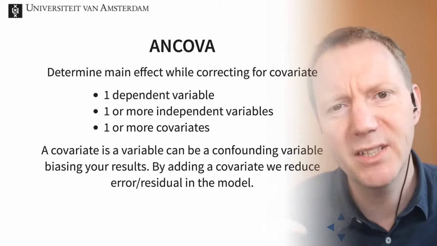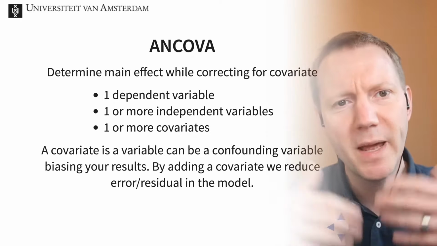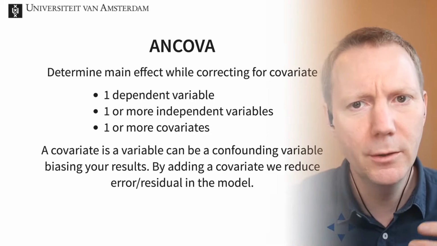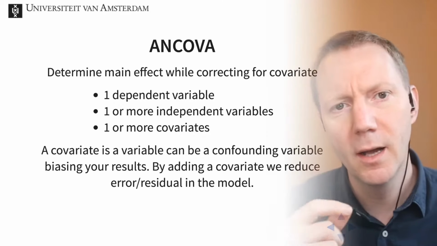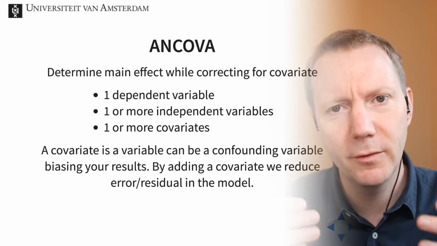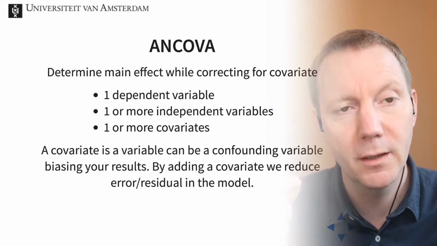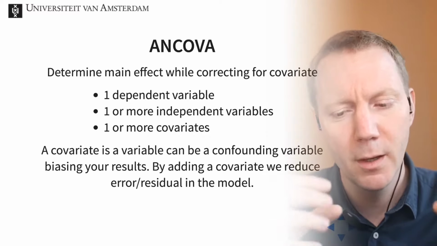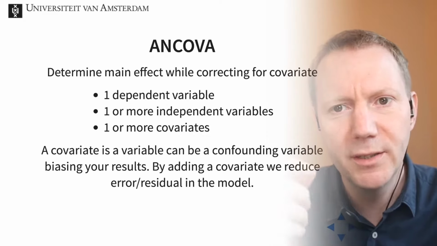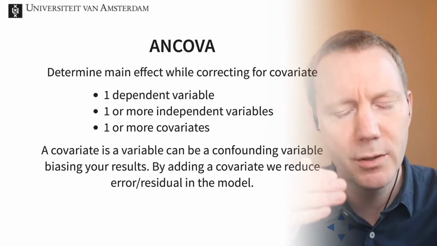And what it essentially does is it expands your model. In terms of the model, we looked at the model last week, where our model was just the predictions of our independent variable. Those were the expected values that determined the model prediction.